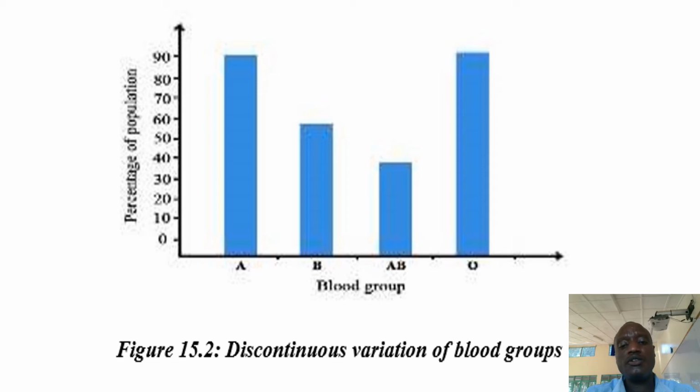In discontinuous variation, we don't have people falling in the middle of the range. So even from this graph, you could find that there is a clear-cut difference between individuals within the population.